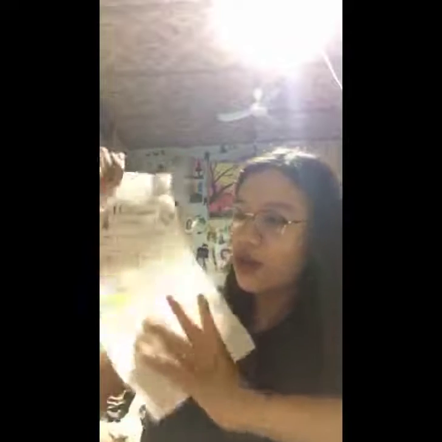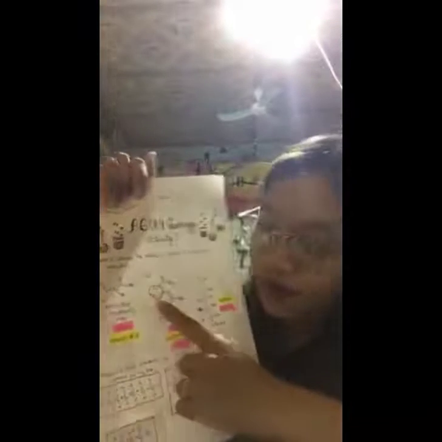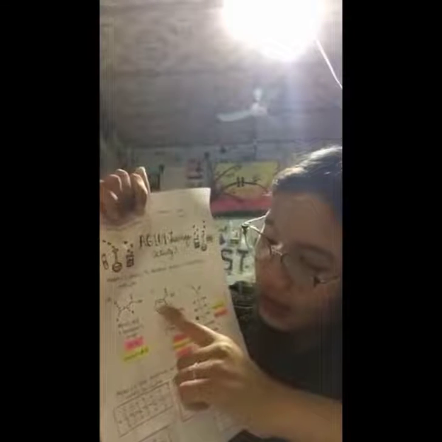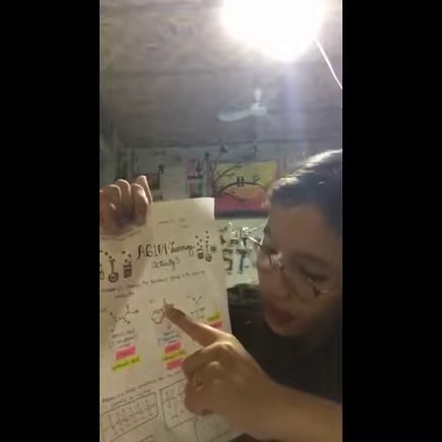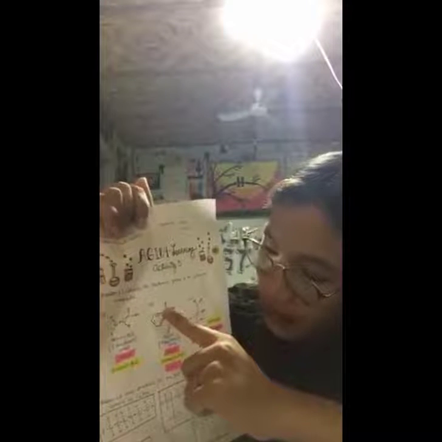The same thing I did in letter B. It consists of three functional groups, which are arene, carboxylic acid, and ester. This is the structure of the arene, this is the ester, and this is the carboxylic acid.